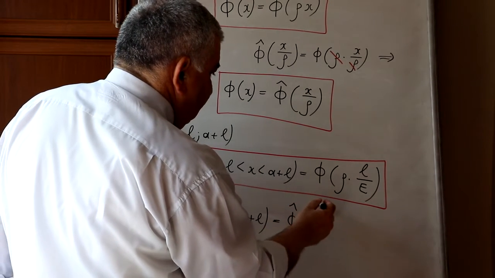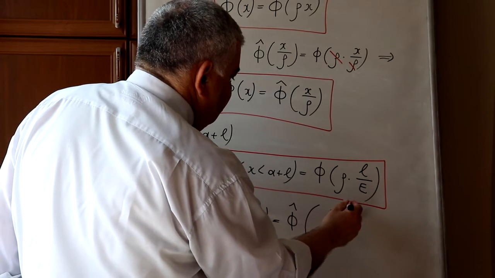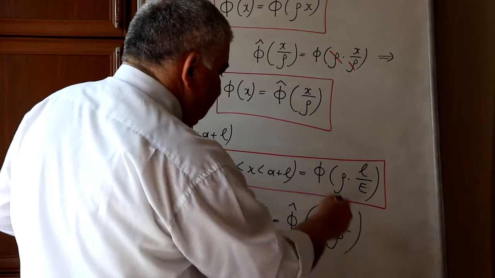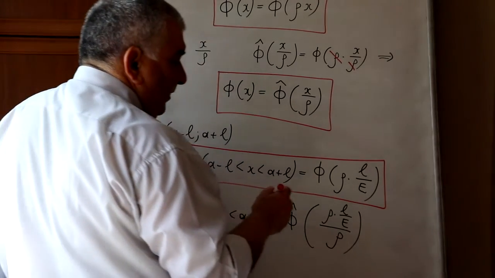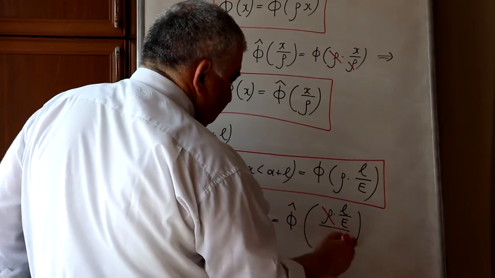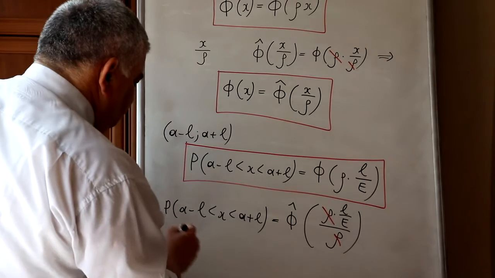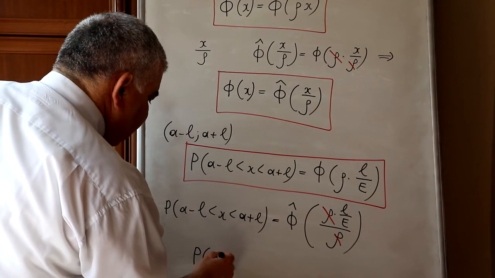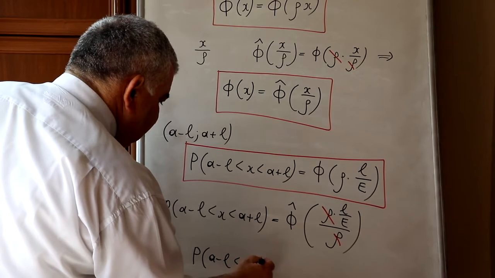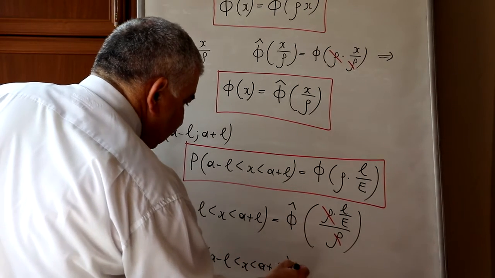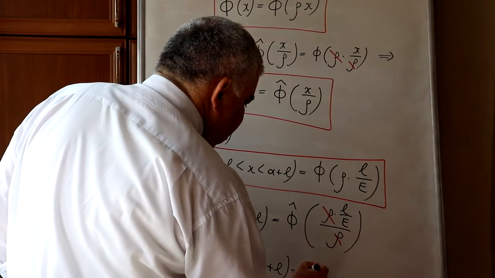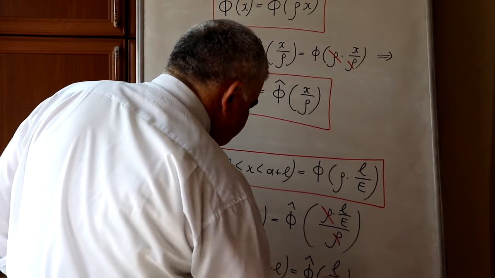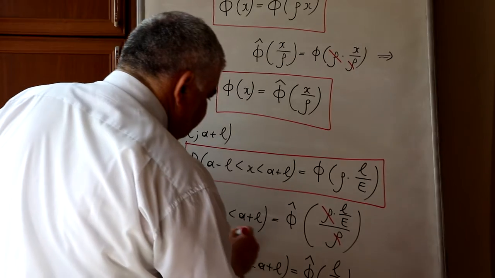Phi tilde of rho multiplied by L over E over rho. Here the argument is simplified by rho, and then we obtain finally P that a minus L is less than x is less than a plus L is equal to phi tilde of L over E. This is our final formula.